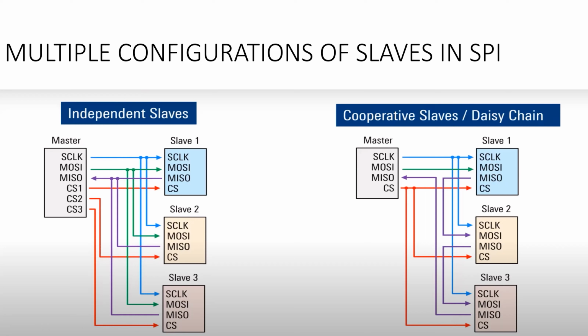I would like to stop the session here because in the next session I would like to explain the working of the SPI, like how between the master and slave there will be shift registers involved. We will see how the clocks enable these two registers.